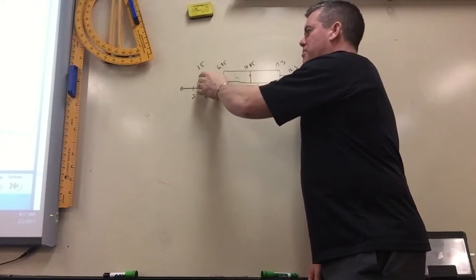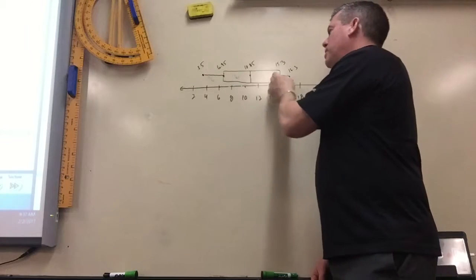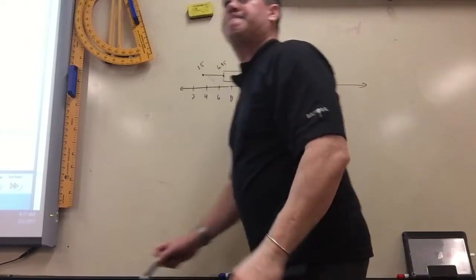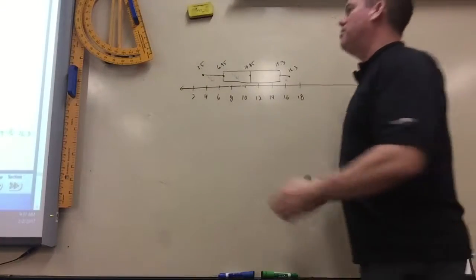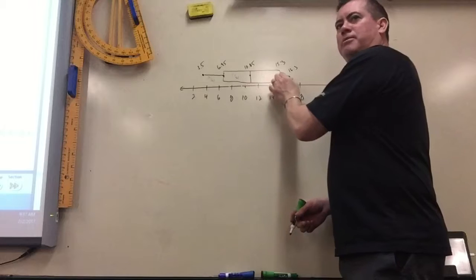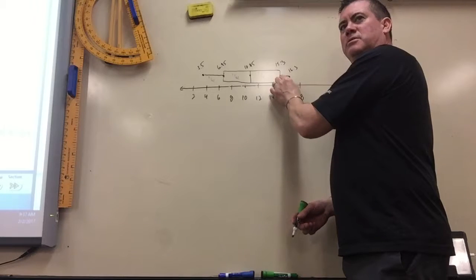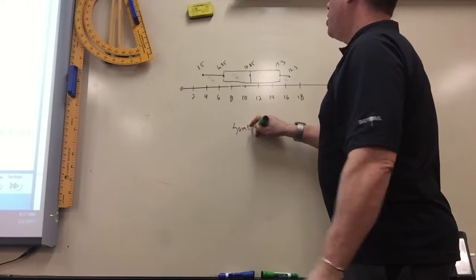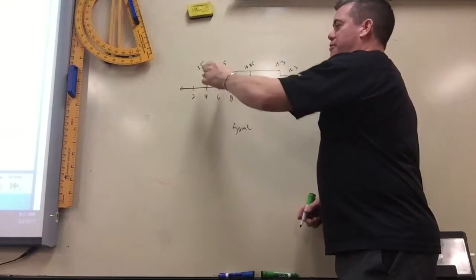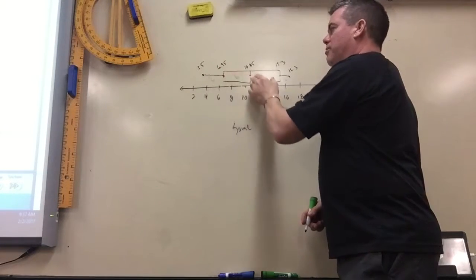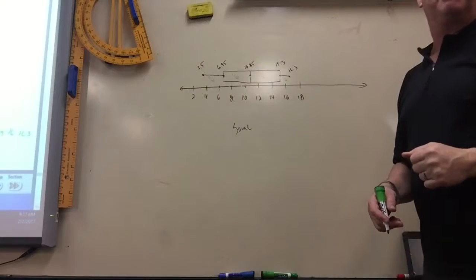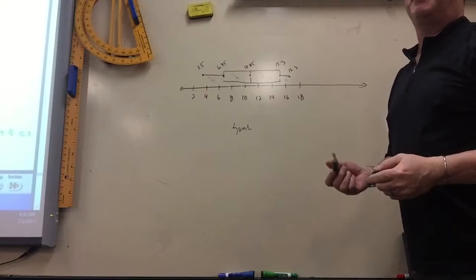It's a bigger range, but how does the number of temperatures here compare to the number of temperatures in this range? They're the same. They're the same because they're all 1/4. 1/4 of the numbers are here, 1/4 here, 1/4 here, 1/4 here. So every range has the same amount of numbers in them. Okay? So remember that.